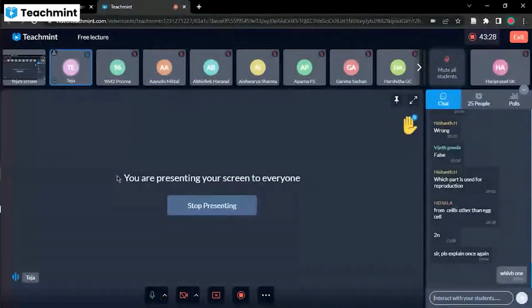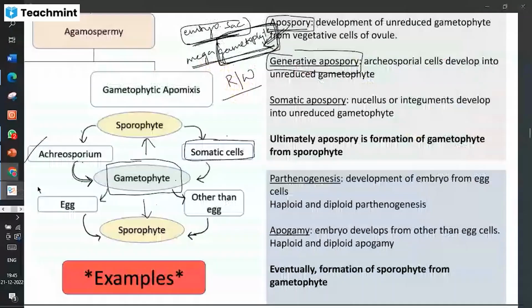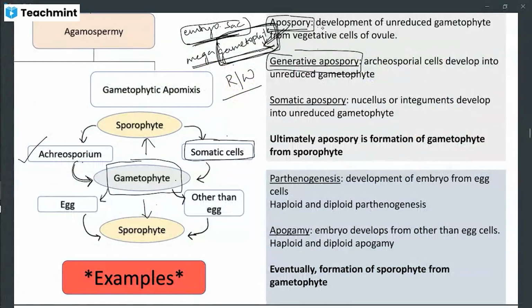Did you read about apospory? Can I explain it in simple terms? Apospory means development of the gametophyte from the vegetative cells of your ovule.